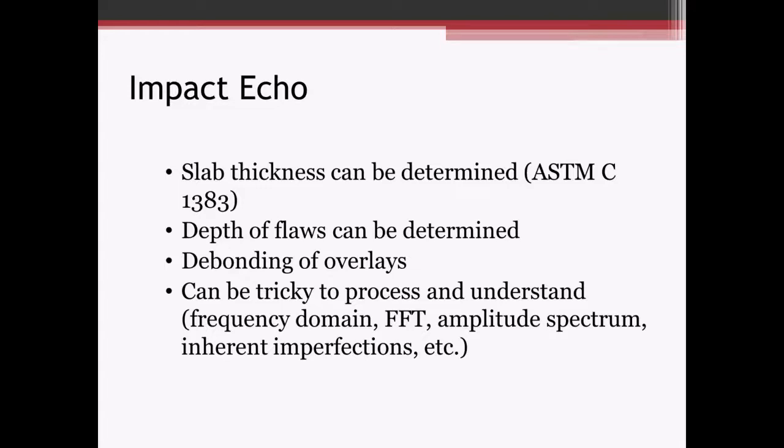We're talking about things in the frequency domain and using fast Fourier transformation, the amplitude spectrums and stuff like that. Fortunately, the software in most of these systems does most of the heavy lifting for the processing. But again, it is important to make sure that you're recognizing the quality of the data going into it.